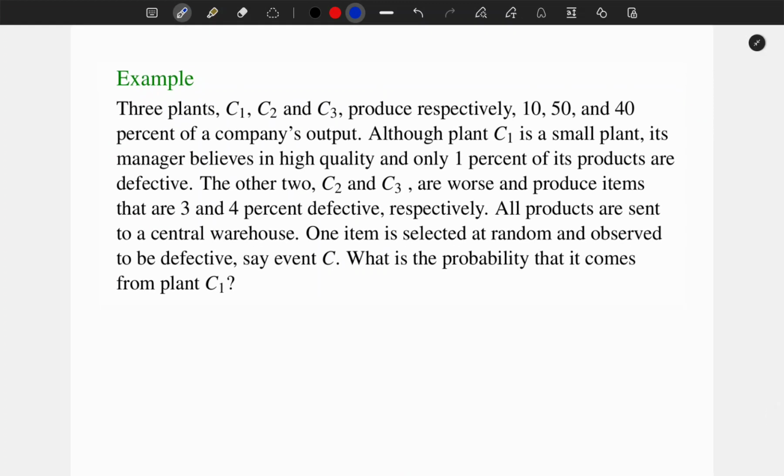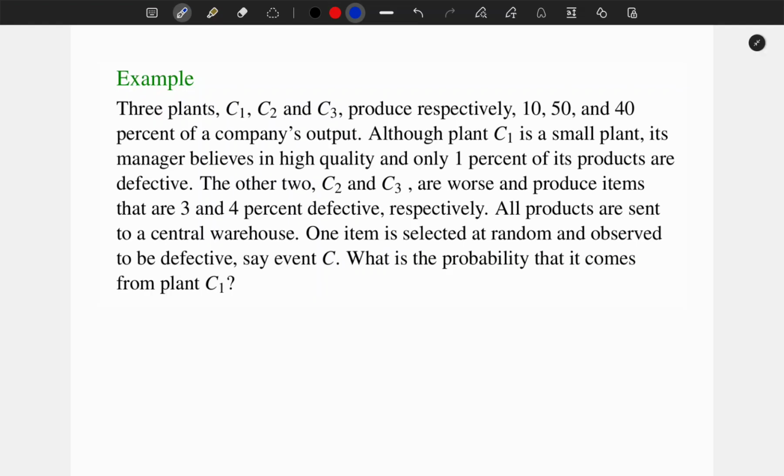Although plant C1 is a small plant, its manager believes in high quality and only 1% of its products are defective, while the other two, C2 and C3, are worse and produce items that are 3 and 4% defective respectively. All products are sent to a central warehouse and one item is selected at random and observed to be defective. Then we call that event C. What is the probability that it comes from plant C1?